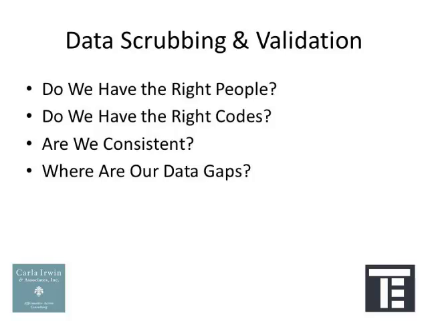Look at your data gaps with an eye to how you can improve your policies and procedures to make this whole data collection process smoother in the future, and how you can tweak your processes so that those gaps are filled in automatically and you don't have to go back and spend a lot of time cleaning the data. Figuring out where your gaps are now can really prevent future issues from occurring.